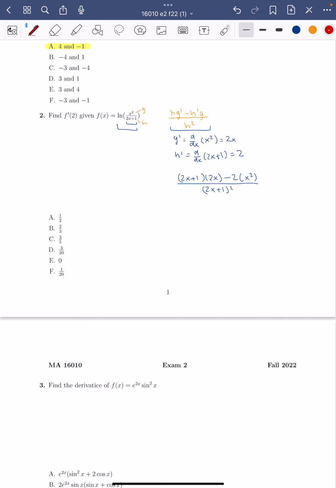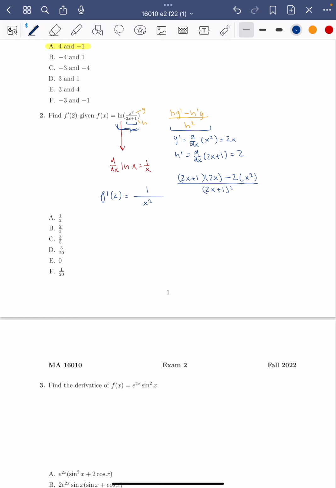Now, let's deal with this natural log. As a reminder, the derivative of natural log of x equals 1 over x, which means that the derivative of this function would be 1 over everything that's inside.